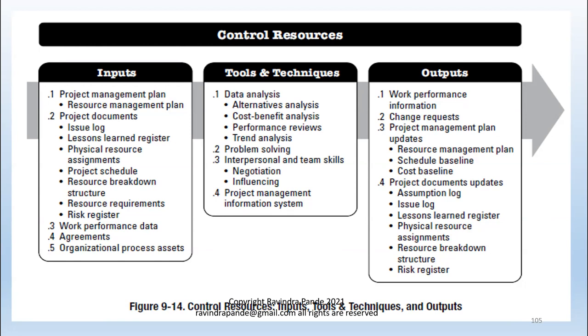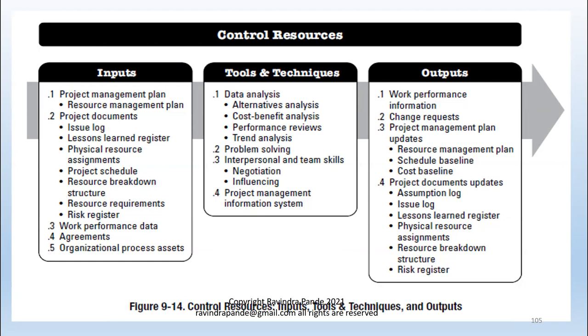Then physical resource assignments: any changes in alignment of the current resource scenario, we might have to update this physical resource assignment as well. And the resource breakdown structure, in case we are moving any resources from one department to another to make sure the efficiencies are matched at the optimum level, and those scenarios get reflected in these project document updates, including the risk register.